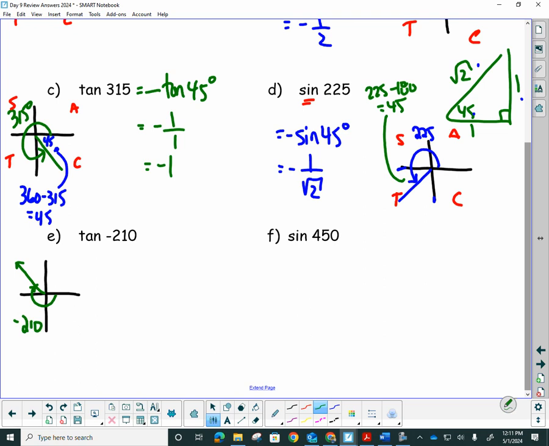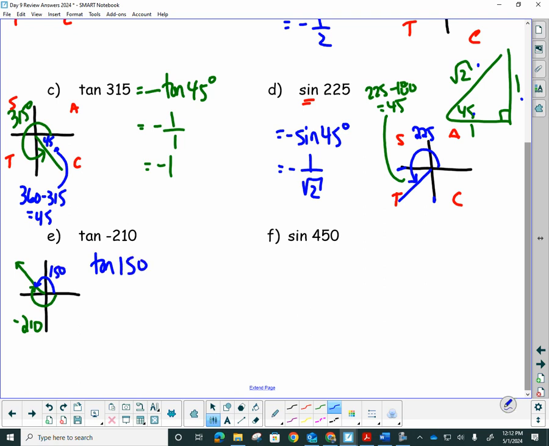So a related acute angle would be, well, how would I get there straight from standard position? What if I was going this way straight? Well, that would be 360 minus 210, and that would be 150. So this guy is 150.